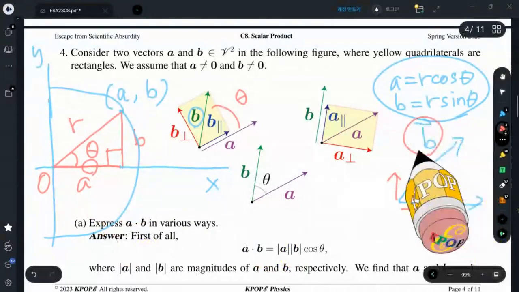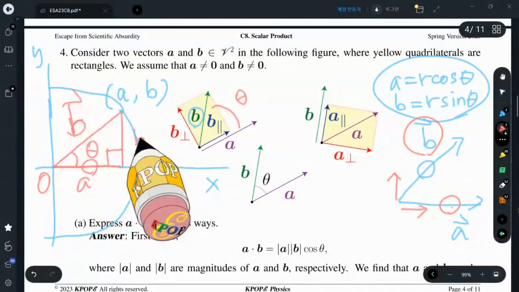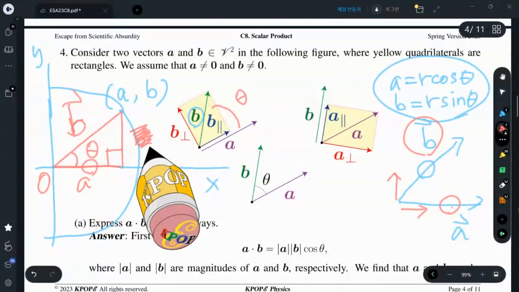And this B is nothing but this. So let's erase this.